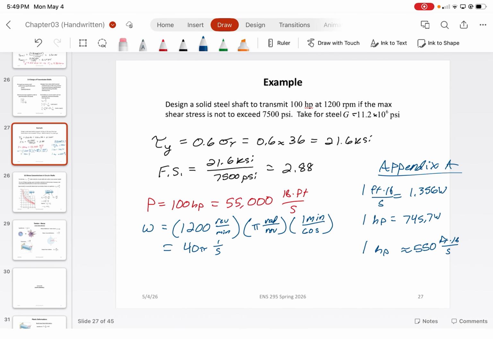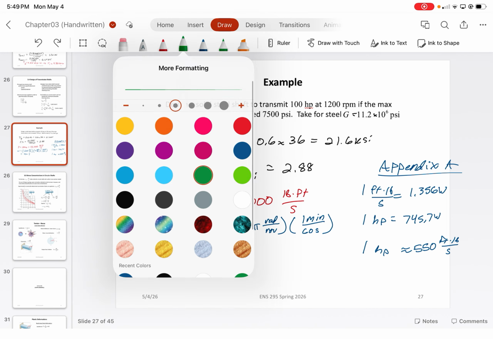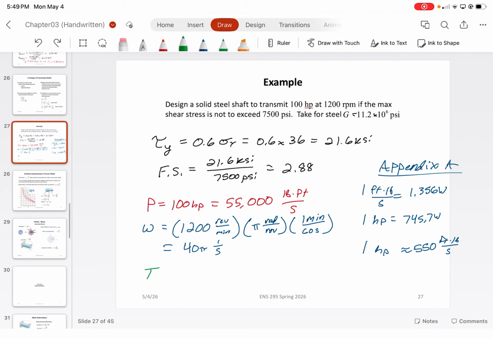All right. Now from there, we can calculate the torque, given that T is equal to P over omega. So that's going to be equal to 55,000 pound-feet per second divided by 40 pi 1 over second.